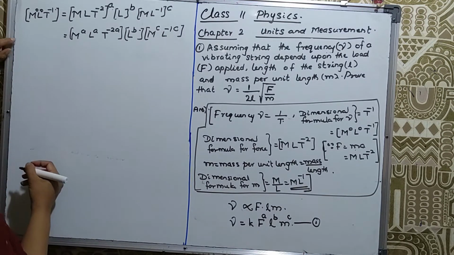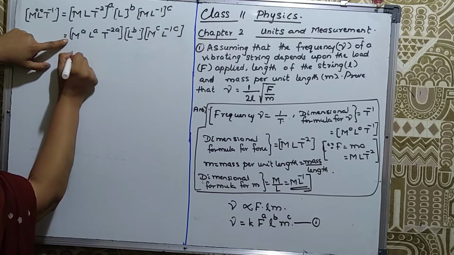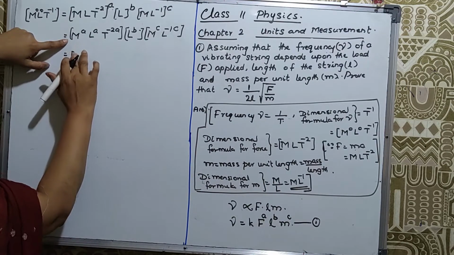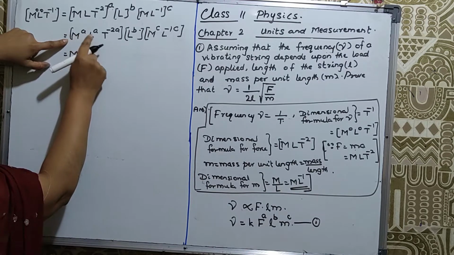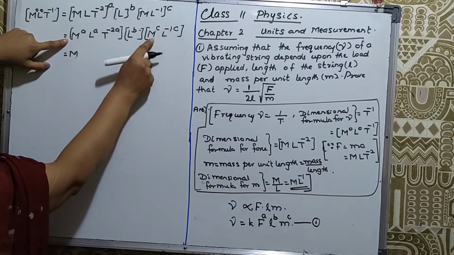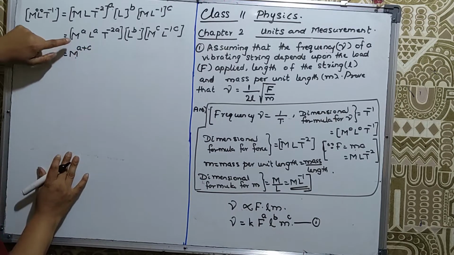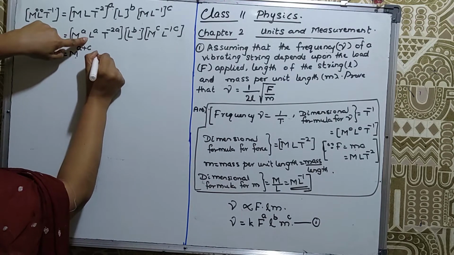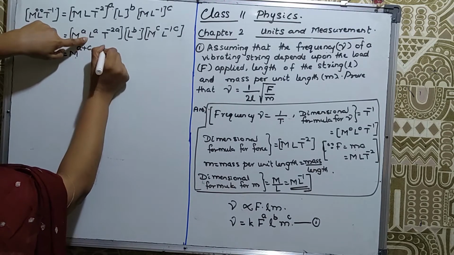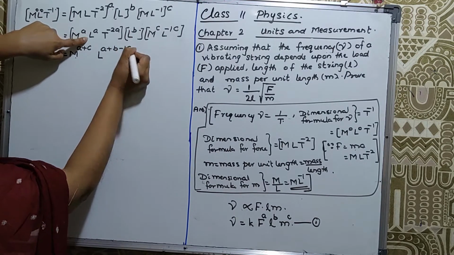Now here we'll collect the terms with M. If the bases are the same, you add the powers. So collecting the terms of M, the bases are M and M, we'll add the powers of M, that is a plus c. Again terms containing L I am collecting: L raised to a plus b minus c.